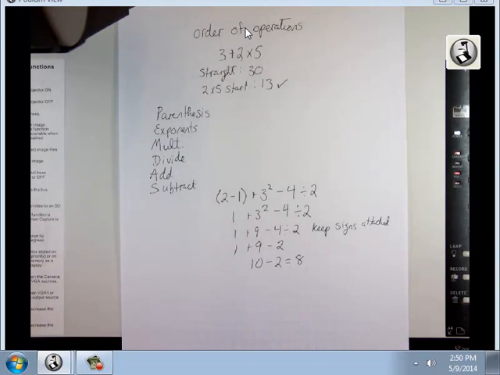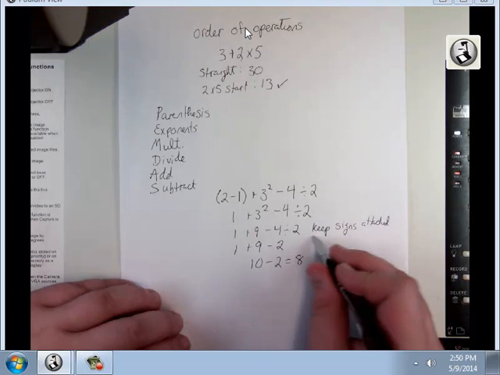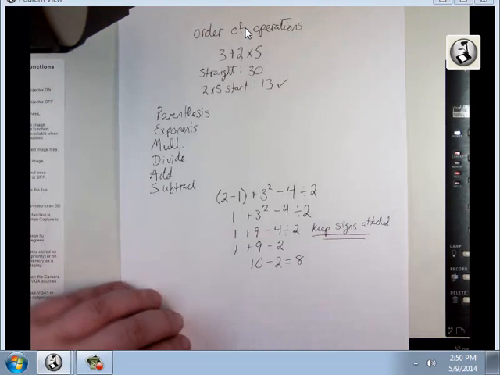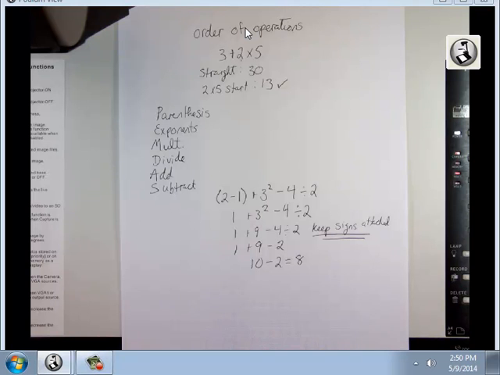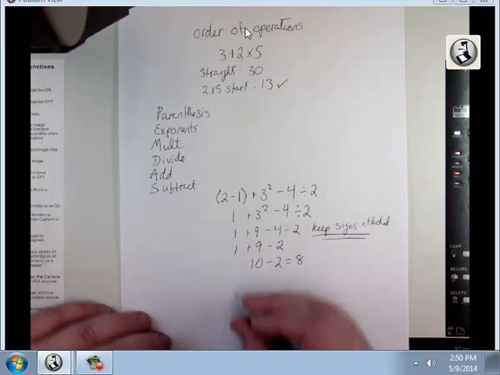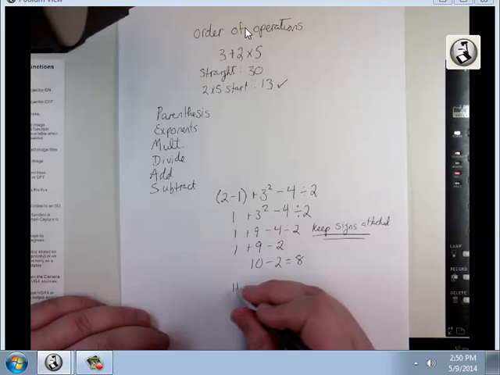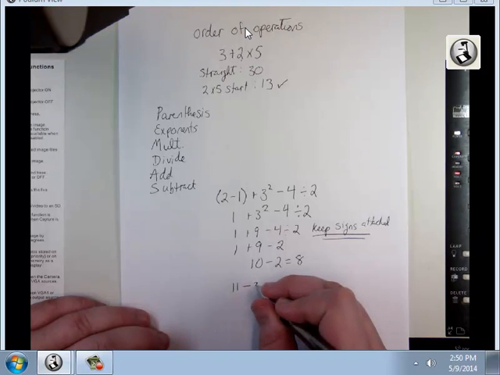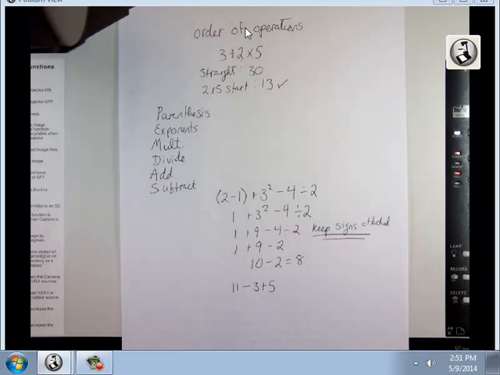So this is key, especially if you get something like this. Negative 3 plus 5. Well, if I'm following PEMDAS, I have to do addition first.